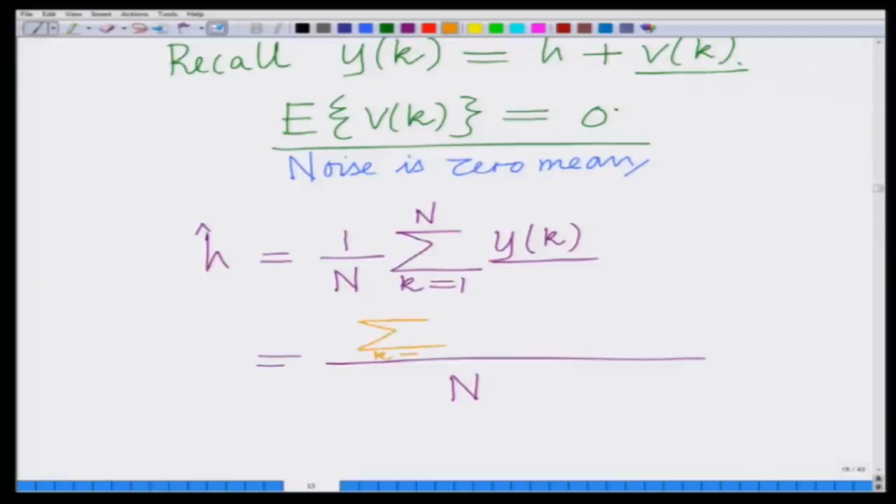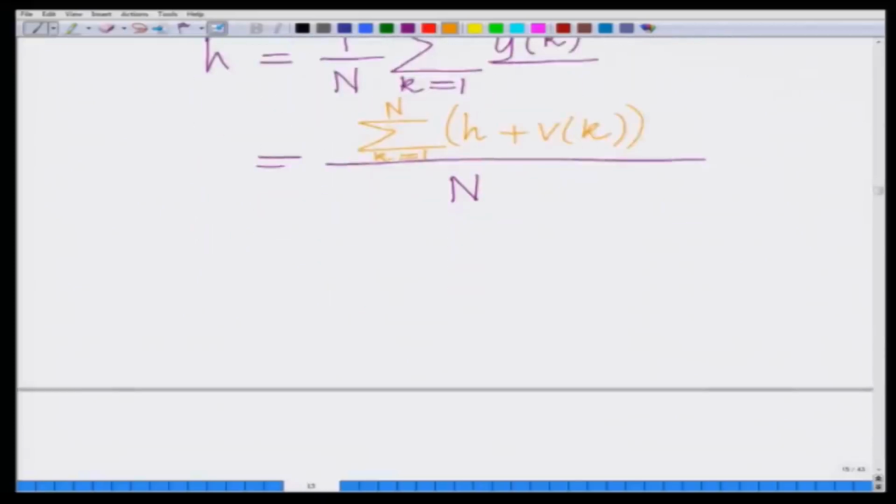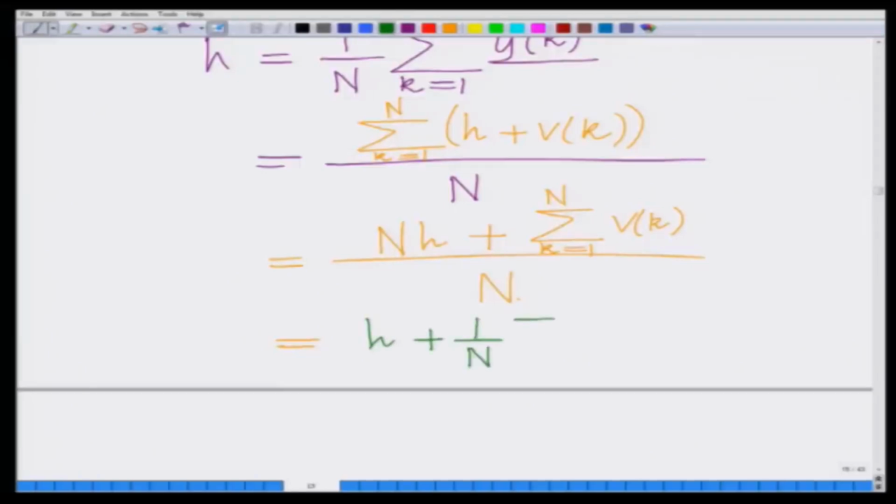So, this is 1 over n summation k equal to 1 to n of h plus Vk, which is n times h plus summation k equals 1 to n Vk, divided by n, which can now be simplified as h plus 1 over n summation k equals 1 to n Vk.